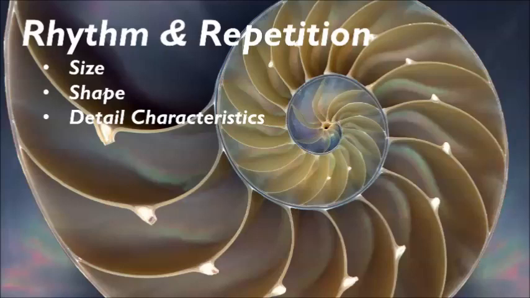We're seeing it cut through here, but these little white chunks on each of the compartments of the nautilus shell, even something like that you might consider a detail characteristic. And as you see that repeated over and over, you could almost draw an imaginary line through those. And then as you curve that line around, you could predict where the next one was going to be located and in what part of the shell it would occur.